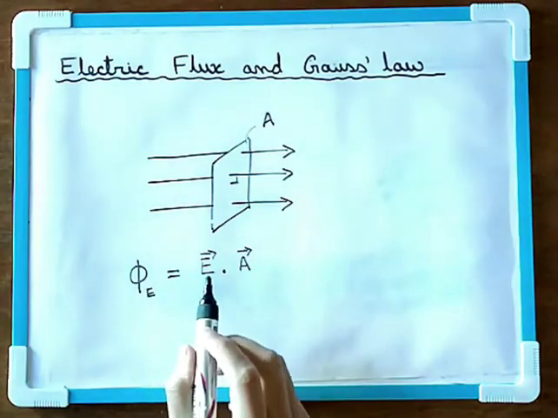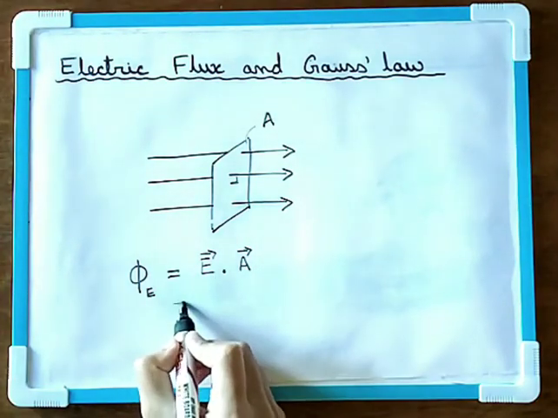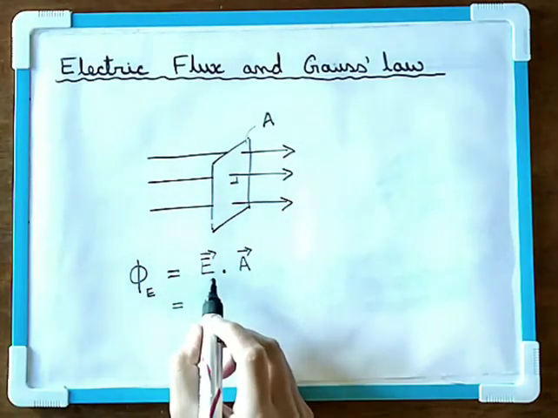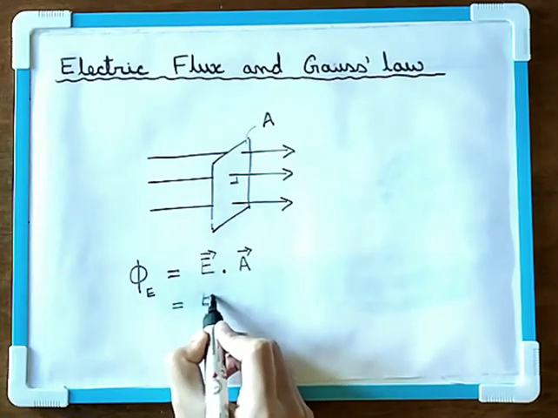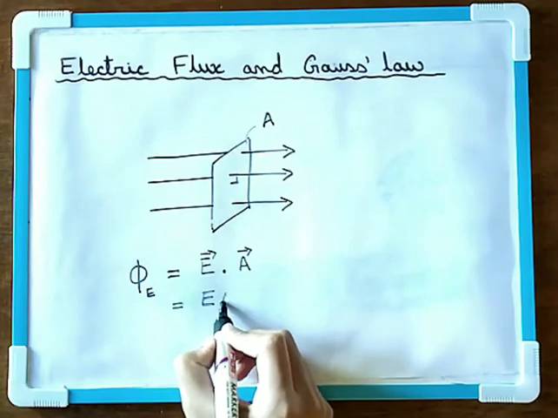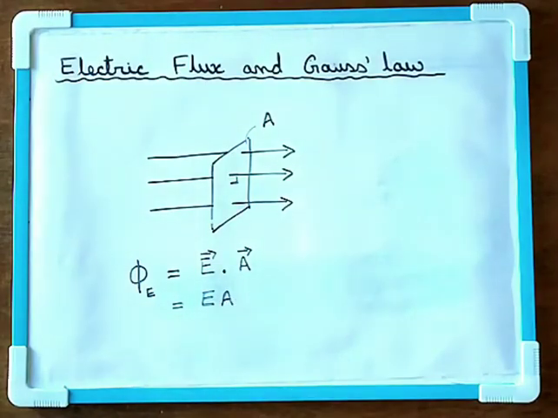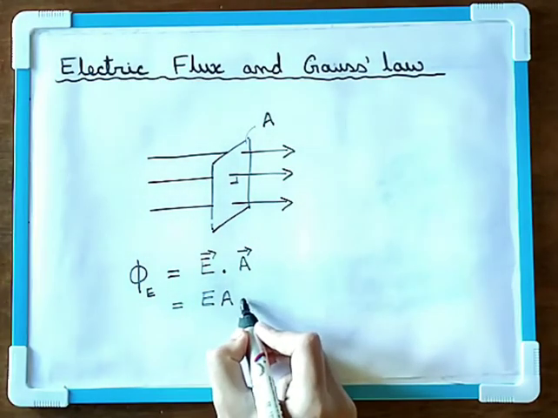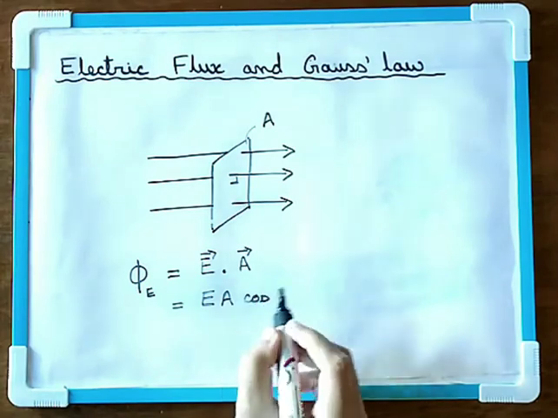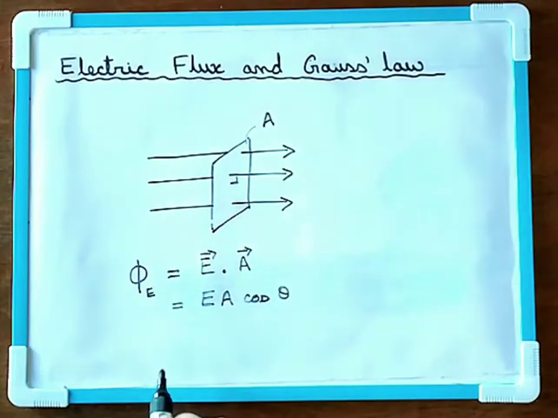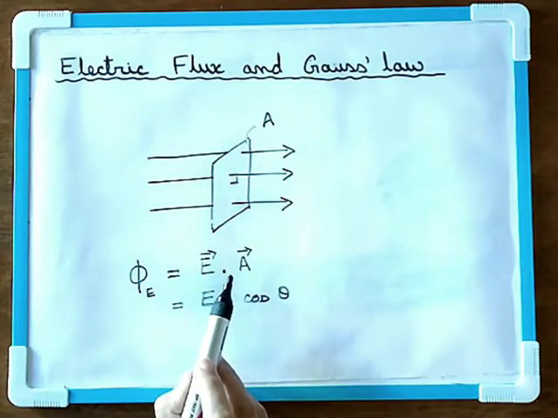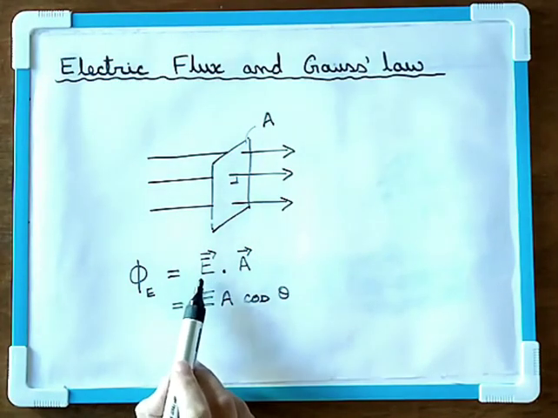And E dot A, the dot product of two vectors, is equal to EA cos of theta. Theta is the angle between the area vector and the electric field intensity vector.